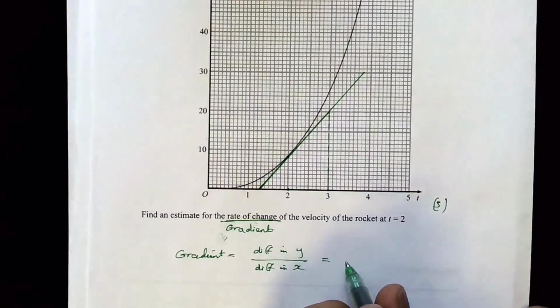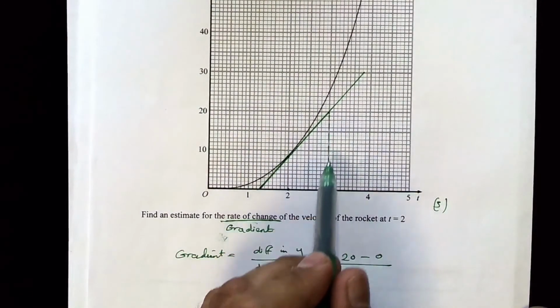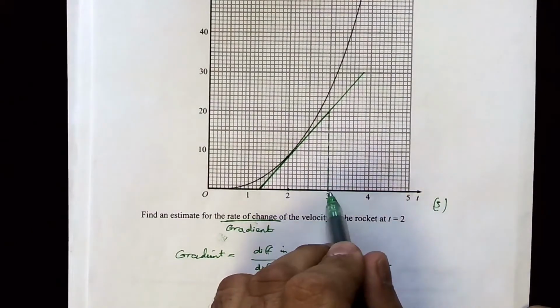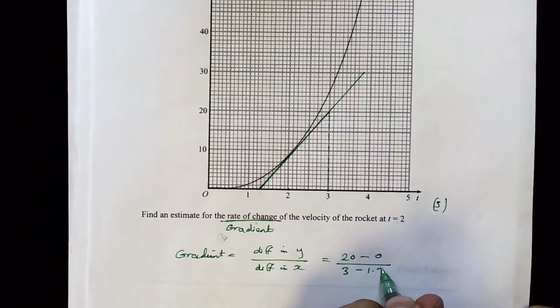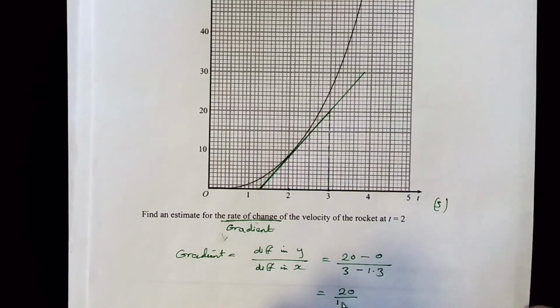So the difference is 20 minus 0, and for the x value it goes from 3, so 3 take away 1.3, and that gives me 20 divided by 1.7.